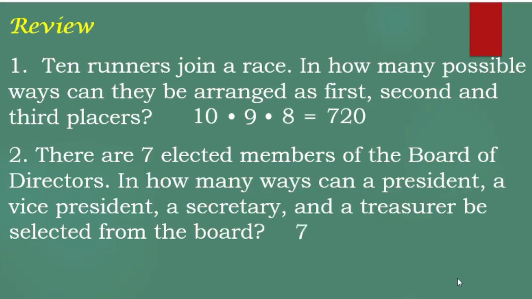We have 7 times 6 times 5 times 4, and we have 840 as our answer. To further elaborate these two questions, class, on the third slide, I will discuss it using the permutation.